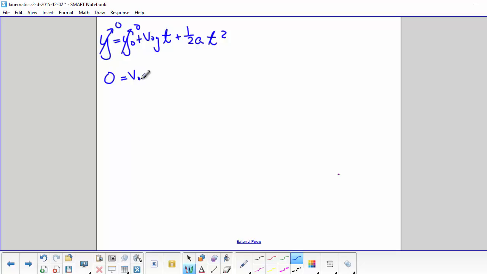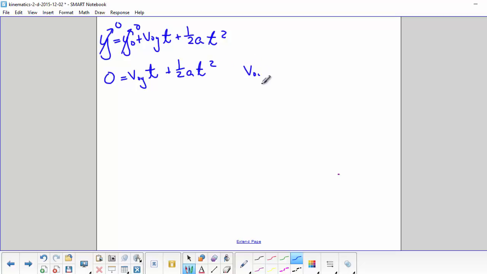Flying time. We will start with y equals y naught plus v naught y t plus 1/2 a t squared. So both y and y naught are 0. So we have 0 equals v naught y t plus 1/2 a t squared.